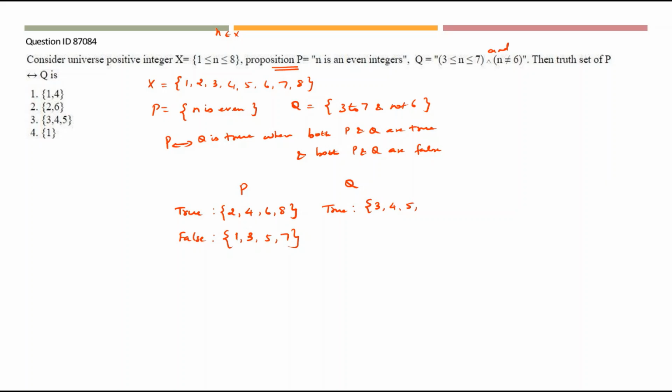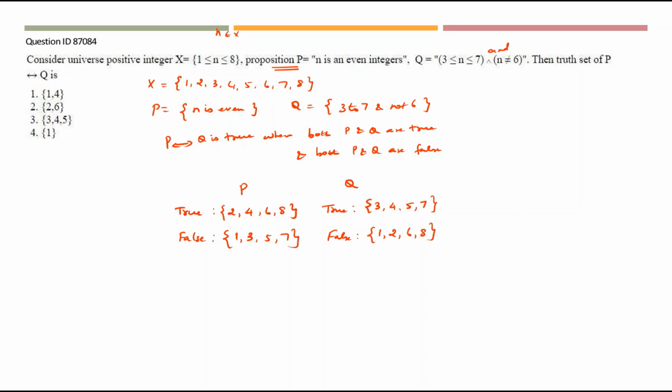I cannot place 6 here, though it is less than or equal to 7. It has been given that it is between 3 and 7 as well as it is not equal to 6. So I cannot include 6 here. I am just including 7 alone. It is false for the rest of the numbers, when it is 1, 2, 6 and 8.